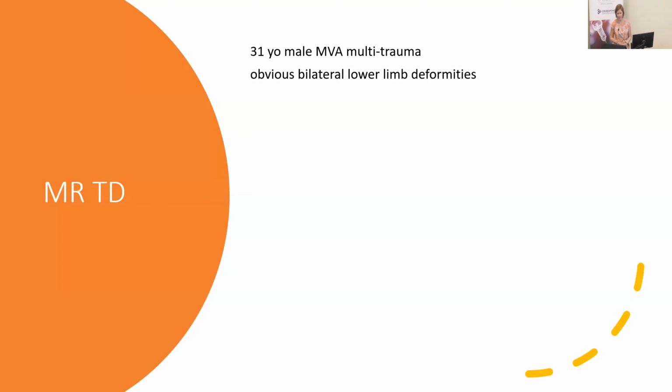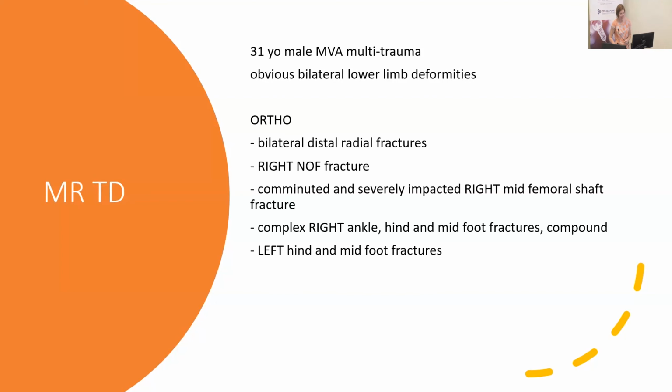He had significant injuries at the scene, and I think someone has quite gracefully written that he had obvious bilateral lower limb deformities. In terms of the orthopedic review, he had bilateral distal radial fractures, a right neck of femur fracture, severely impacted femoral shaft fractures, and injuries to his ankles and throughout his feet on both the right and left side.